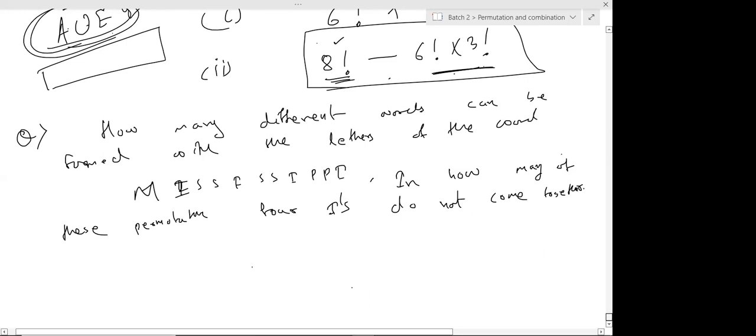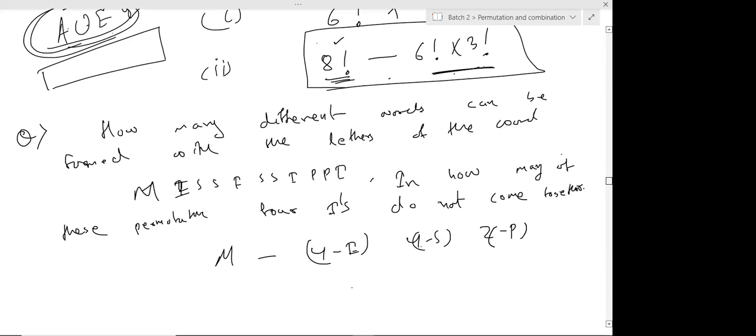All right. So in this question we have 1 M, 4 I's, 4 S's, 2 P's, right? So 11 letters are in total.